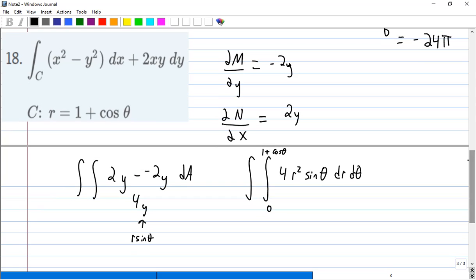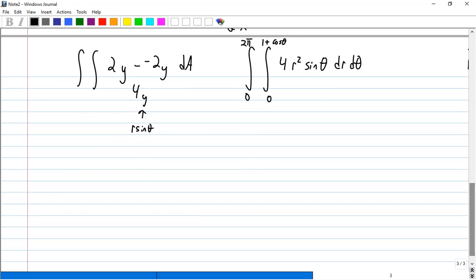Let's see. Okay, and then our boundaries for theta, 0 to 2 pi. Do you remember what 1 plus cosine theta would look like?